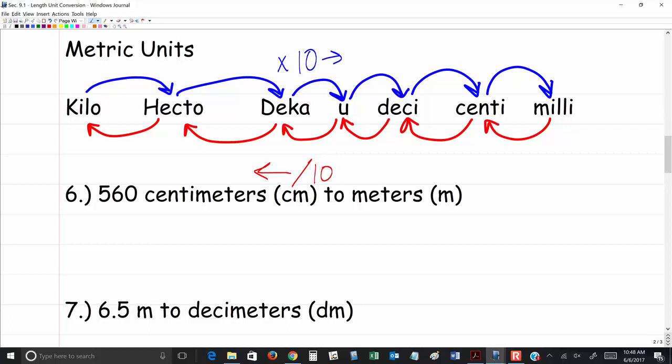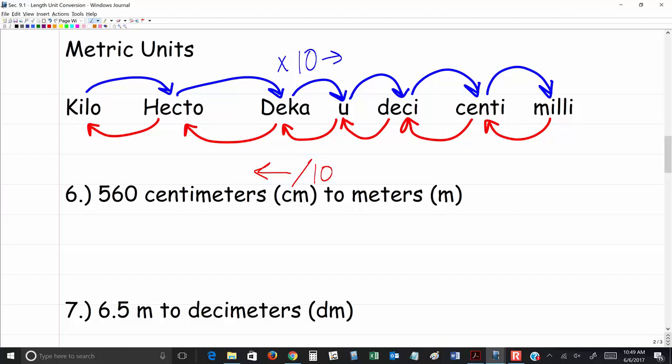So even though right now we're just talking about length, that means that in this section, when it says U, which stands for the basic unit, that stands for meters in this case. But it could also just as easily stand for grams or liters, okay? Or some other stuff, I don't know. But those are the main ones I think of.